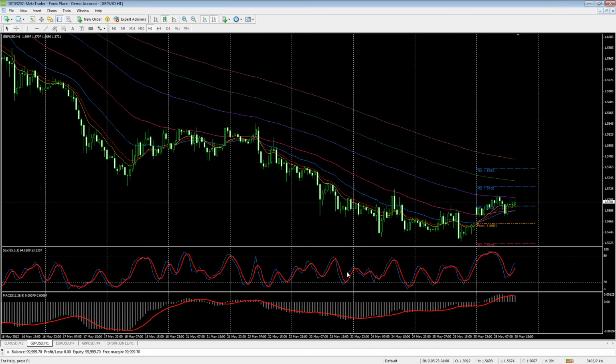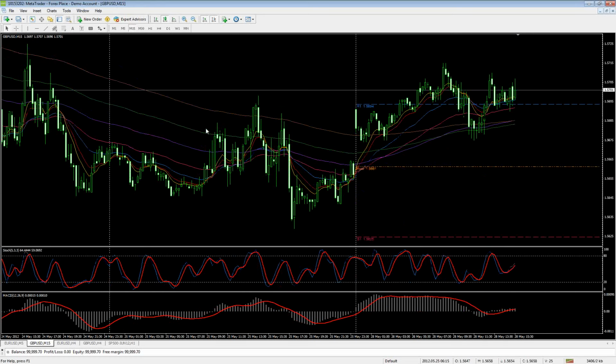If you're using these moving averages, you should pay attention to them especially if you're taking short time trades, not long time trades. What do I mean? Let's say you're trading the pound dollar this morning, and it's an uptrend.